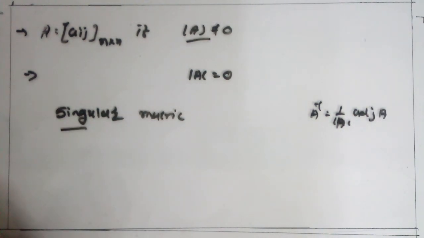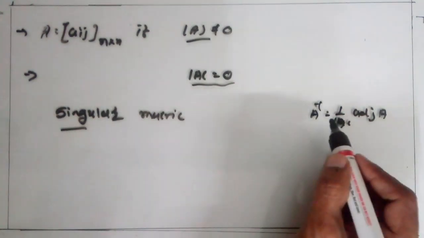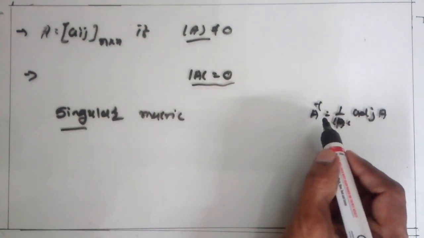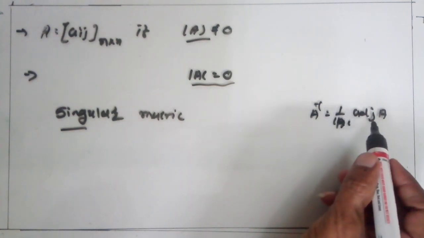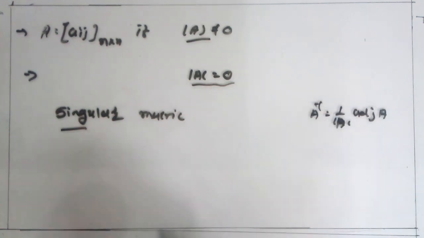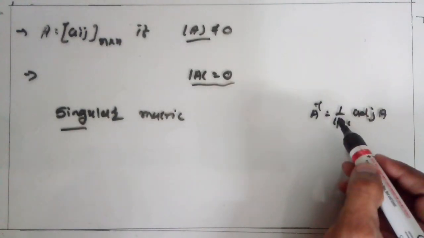For a singular matrix, the determinant is equal to 0, so 1 upon determinant of A is not defined.